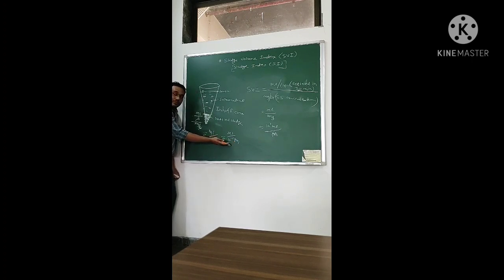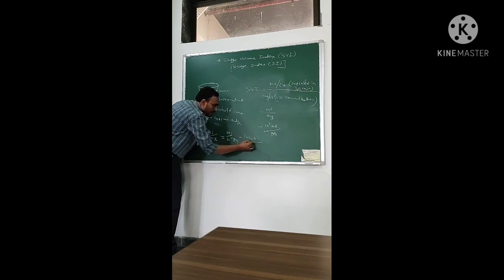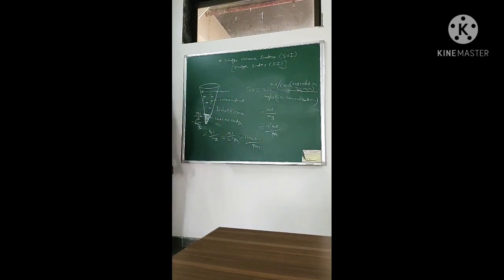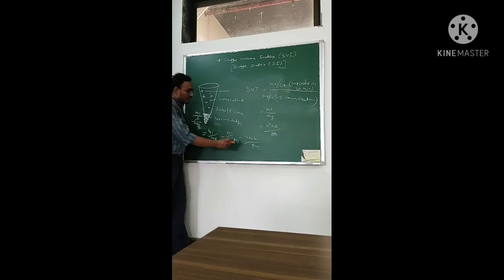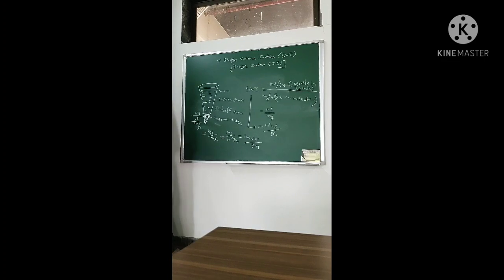So this 10 raised to minus 3 will come in the denominator, so it will be 1000 ml per gram. That will be the unit of your SVI. That is what I have written over here: the unit of SVI is 1000 ml per gram.